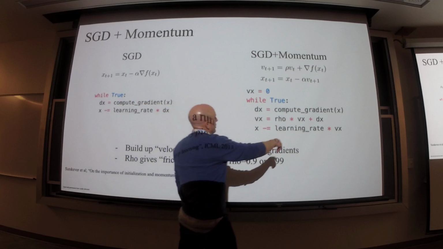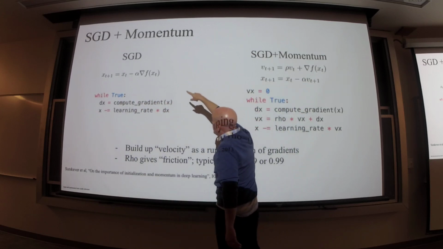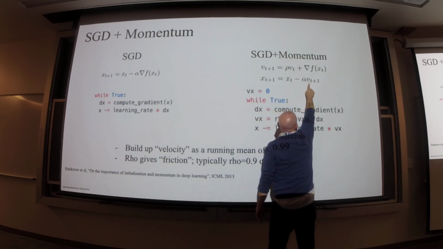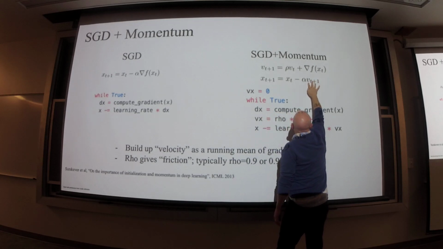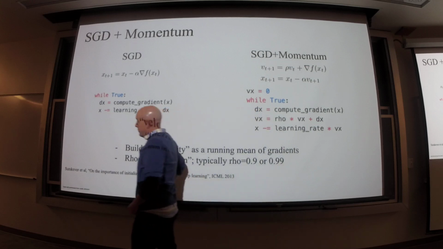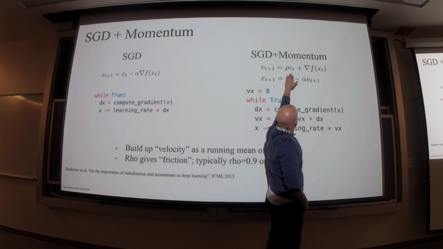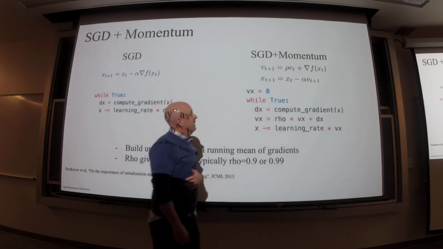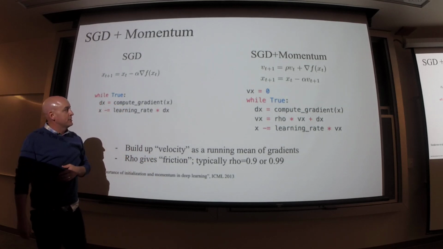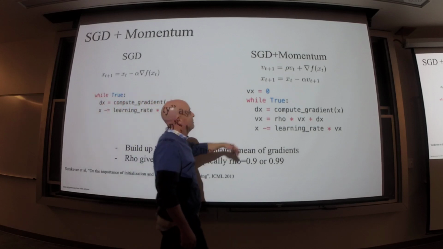This line right here looks like plain vanilla stochastic gradient descent. It's just that our gradient term is not just the gradient we've calculated, but it has some fraction of the previous momentum, or lots of momenta. What's the plural of momentum? There you go, momenta.